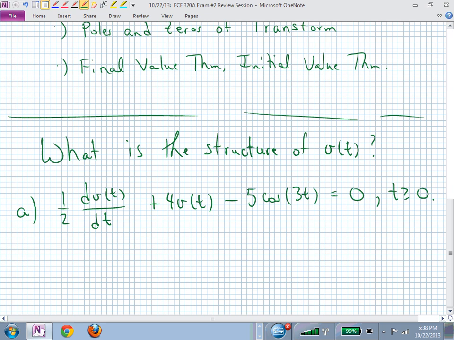This particular forcing function is not exponentially damped. It's always on. So you're just going to sit there in this steady state position and be shaking at a frequency of 3 radians per second. So if you didn't do anything else, you could say, well, v of t at least has a sine and a cosine term at 3 radians per second if you didn't even consider the differential equation part. Really.